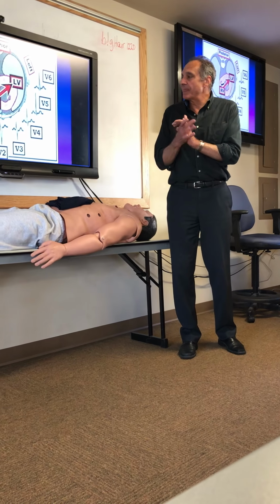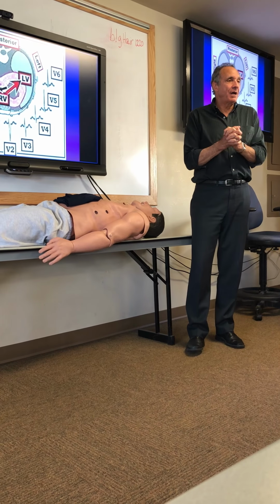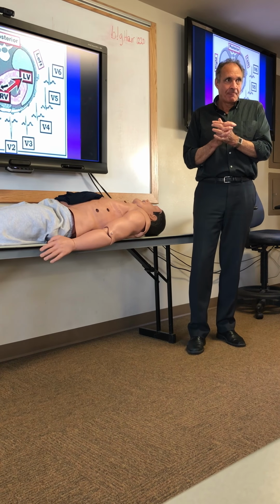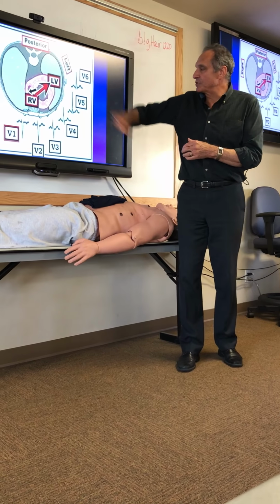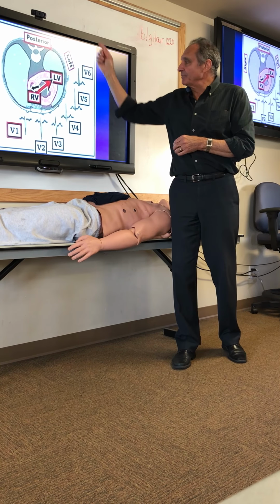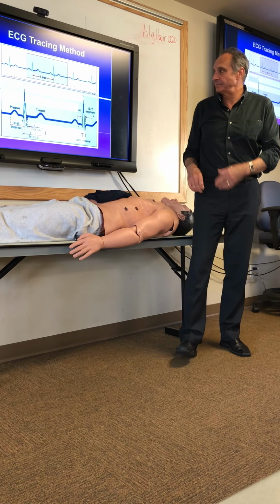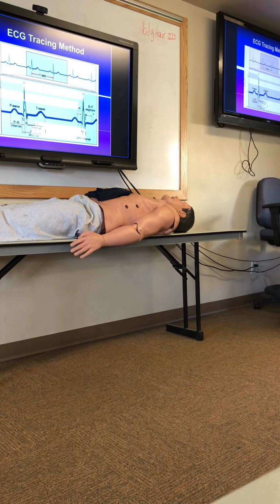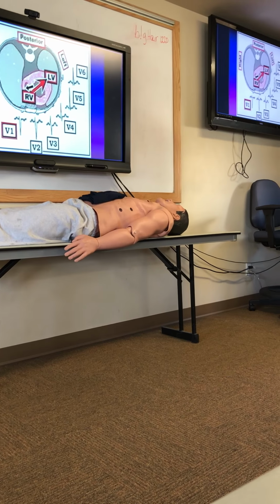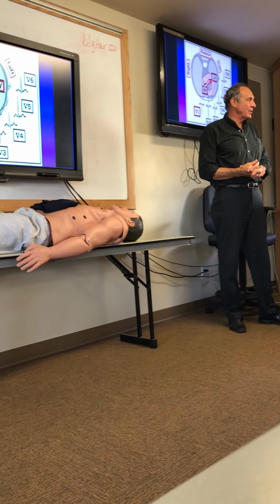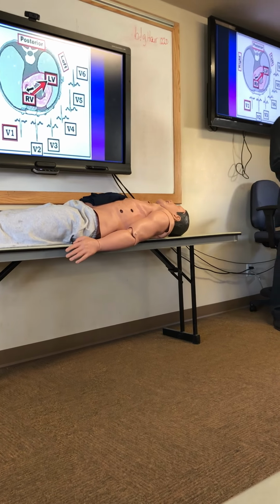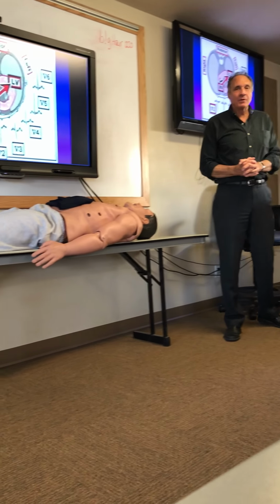Now, here is the vector situation as far as precordials are concerned. We've chopped the patient in half, right, left, posterior, anterior, and this is the major electrical vector going from right to left, and there are the precordial leads, V1 through V6.